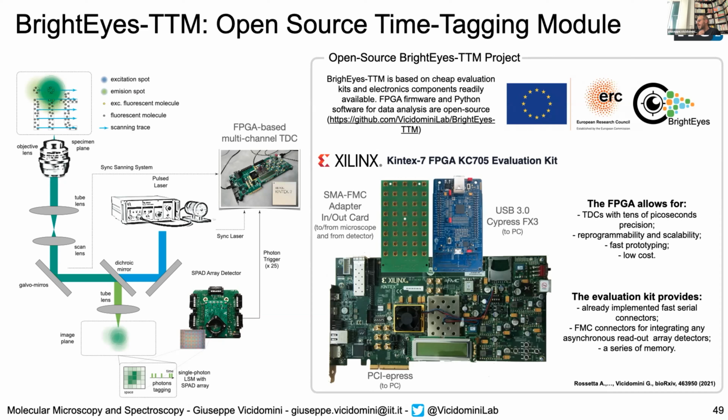I'm happy to tell you that this system has now been released as open source. So you can go to our website, our Git pages, and download both the software and all the hardware components to have in your lab a multi-channel time-tagging TDC card for using the SPAD array, obviously, but also any other kind of single photon detector system.